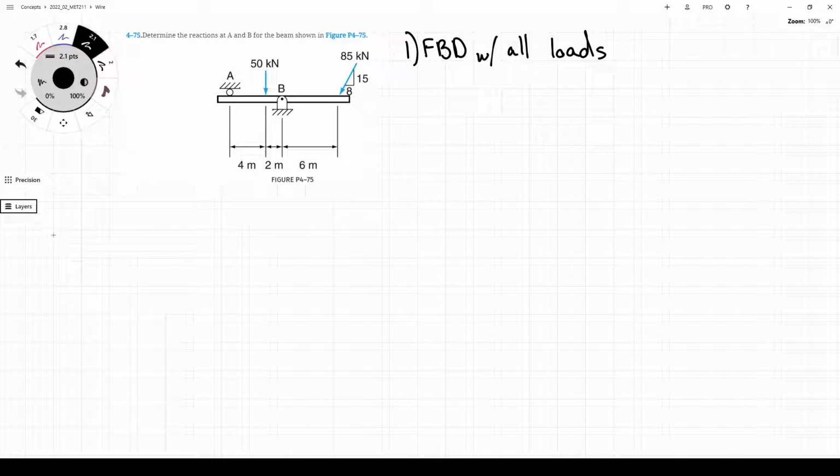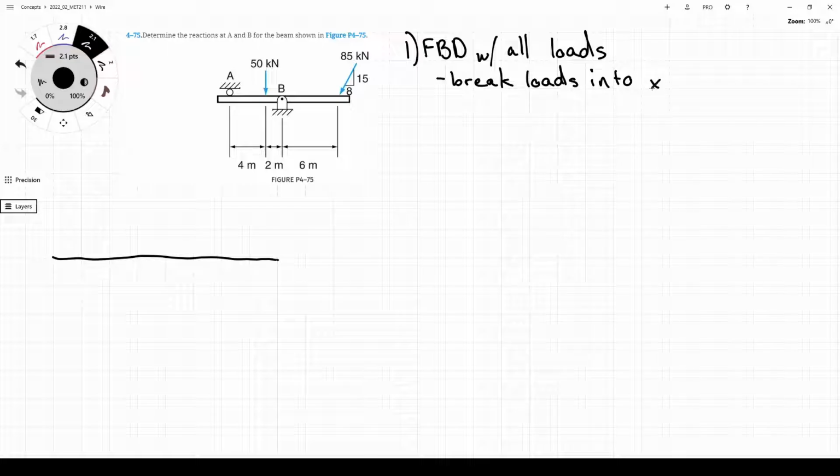First, we'll sketch our beam as a straight line, and then we'll identify all the loads on it, and break loads into X, Y components.